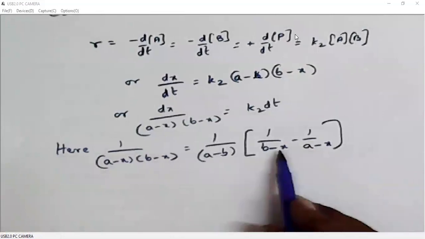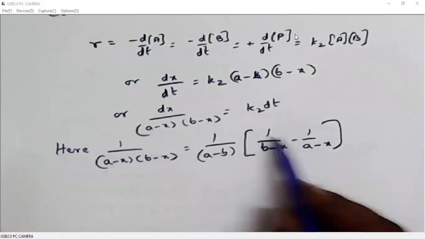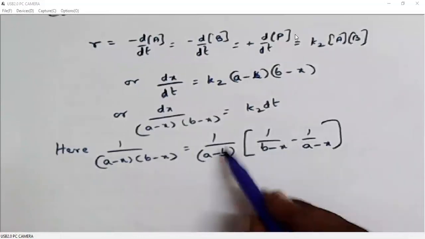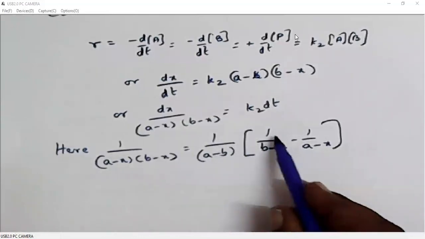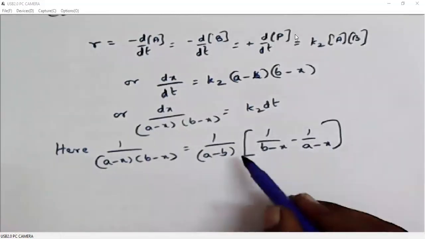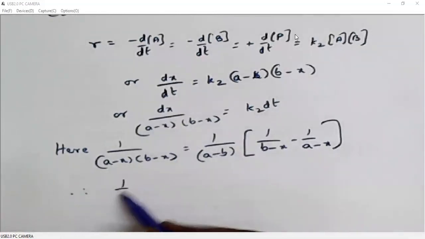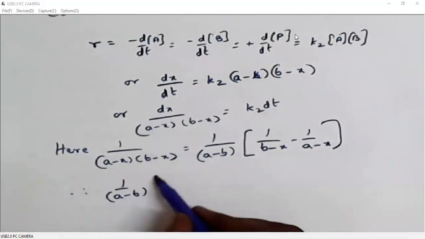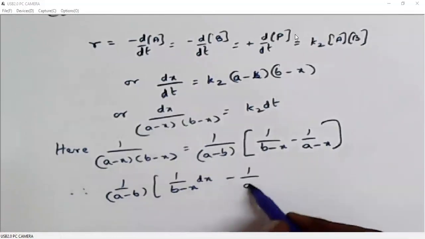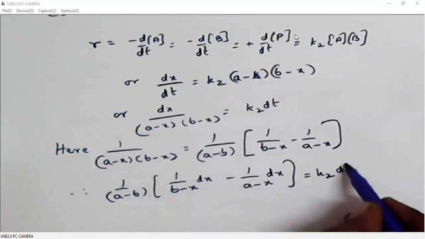When we simplify it, the numerator A minus B will get cancelled. Now we will substitute this here and then integrate it. Therefore, 1 by (A minus B) into [1 by (B minus x) dx minus 1 by (A minus x) dx] is equal to K2 into dt.